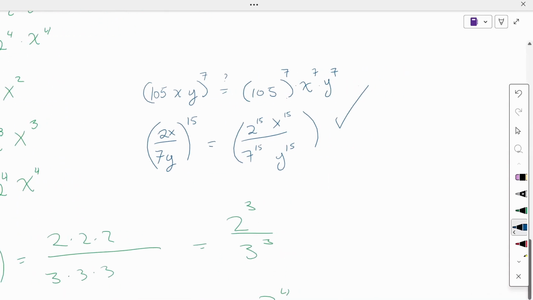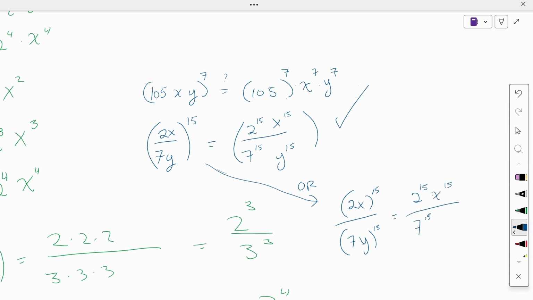You may do it like that, or you could take your numerator and raise the whole chunk to the 15th power, the denominator, raise the whole chunk to the 15th power. And from this, you obtain 2 to the 15th, x to the 15th, 7 to the 15th, y to the 15th. However you want to think about it.